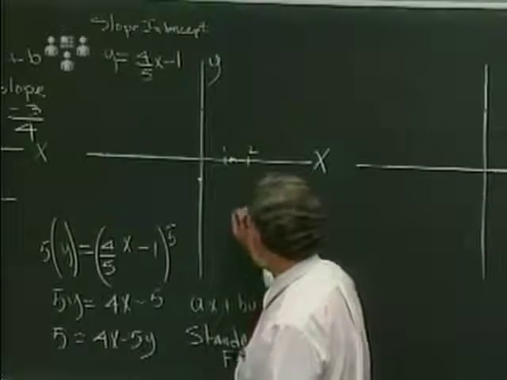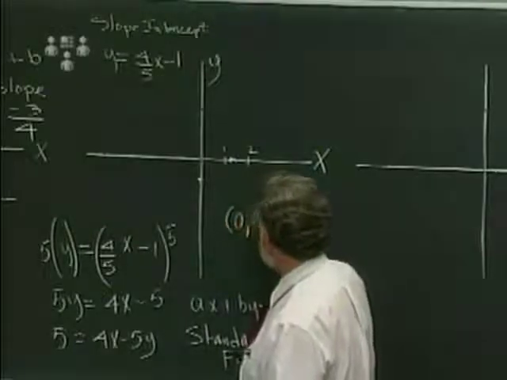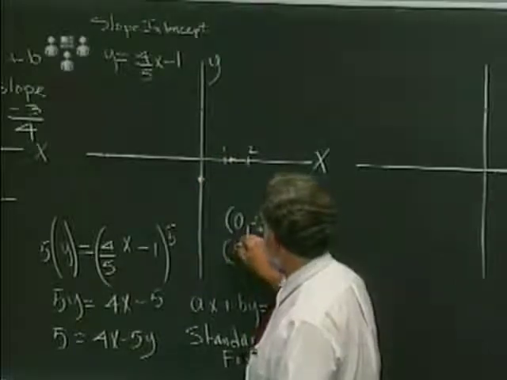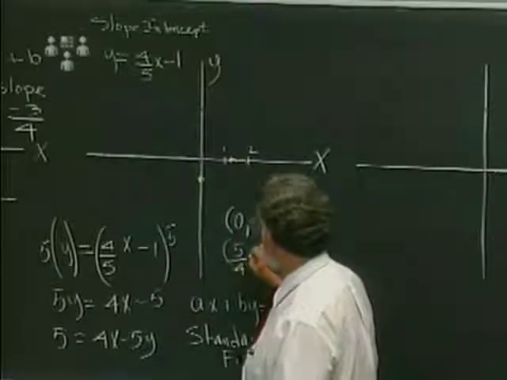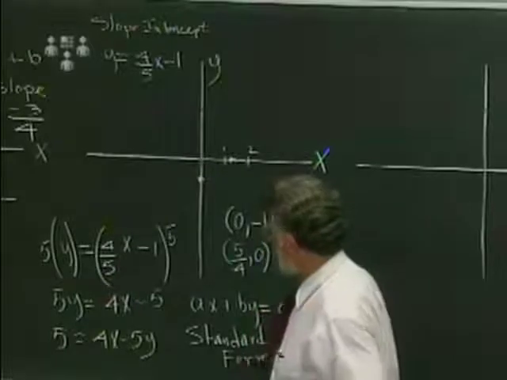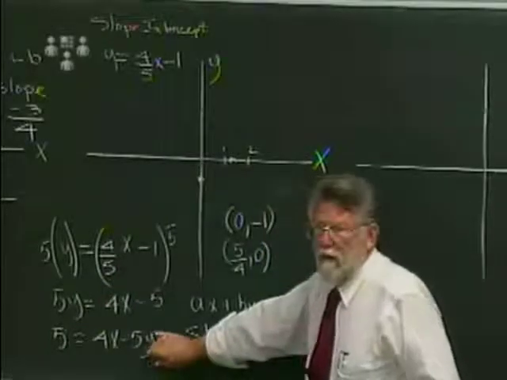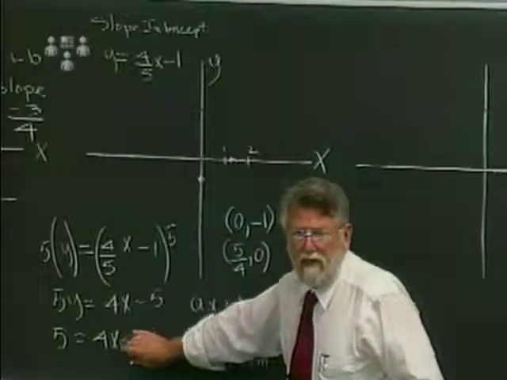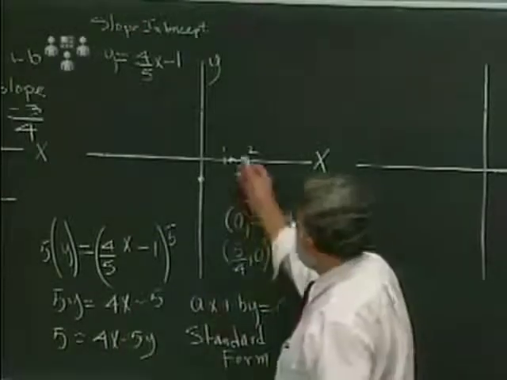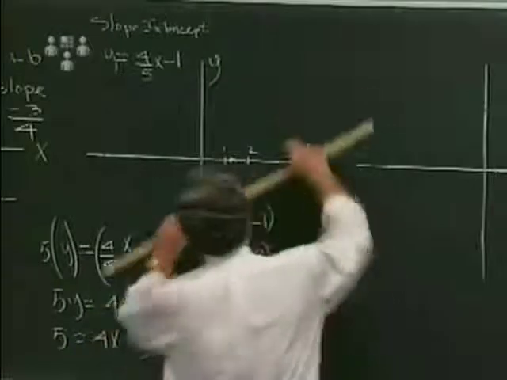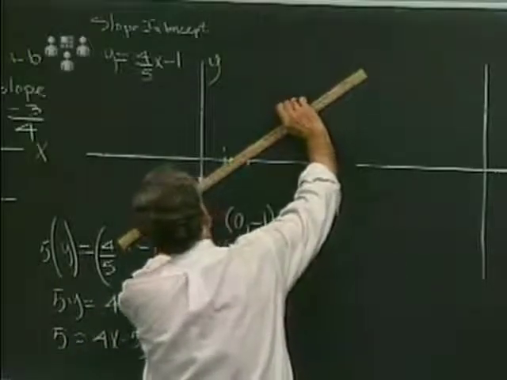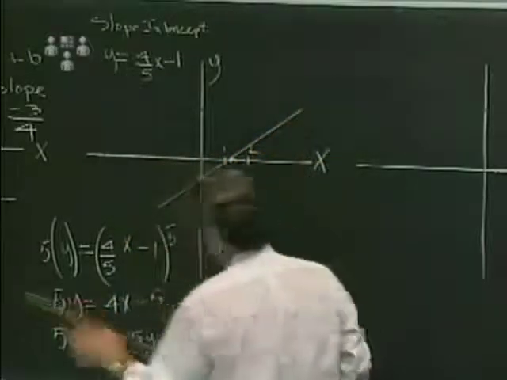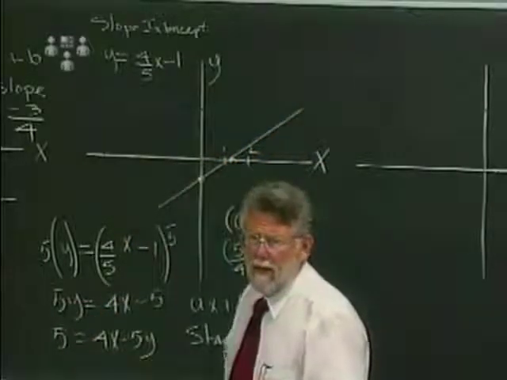Now, my two ordered pairs, 0, negative 1, that was the y-intercept, and then we had 5/4, comma 0. Again, if y was 0, 4x equals 5, divide both sides by 4, and you get x equals 5/4. Now, that's enough to generate my line. But as I say, the problem is, how accurate am I? And it's a little bit sloppy.